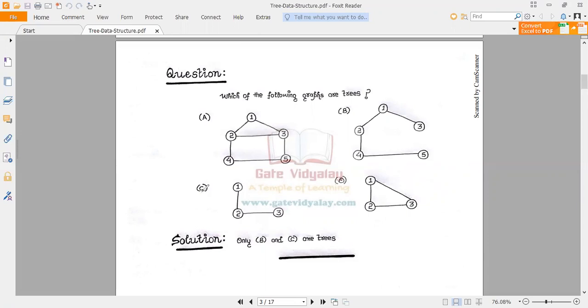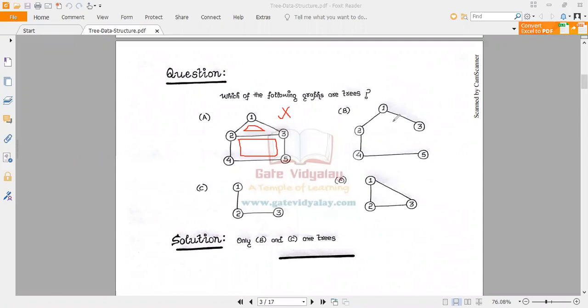Now we have to check whether the circuit is complete. We can clearly see the circuit is complete in figure 1. From A, nodes 1, 2 and 3, the circuit is complete. From nodes 2, 4, 3 and 5, the circuit is complete. So it will be considered as a graph, not a tree. Alright.